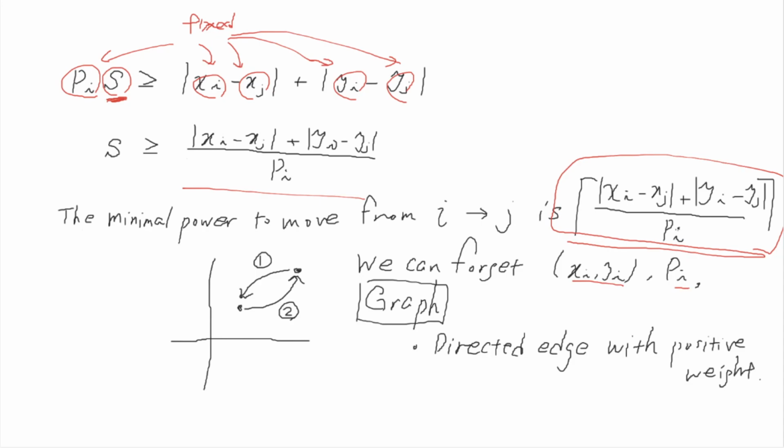We only remember these minimal powers. Then, as a graph problem, we get the directed edge from i to j, whose weight is this.